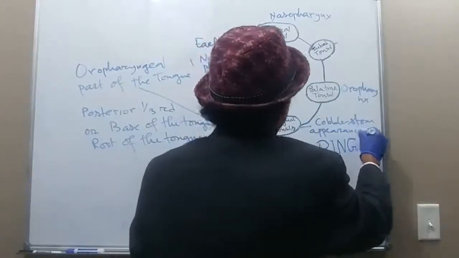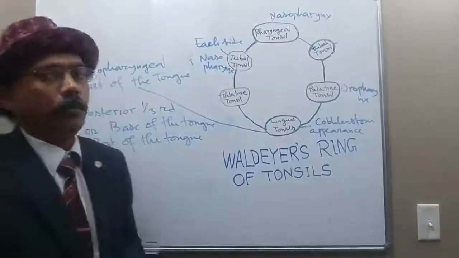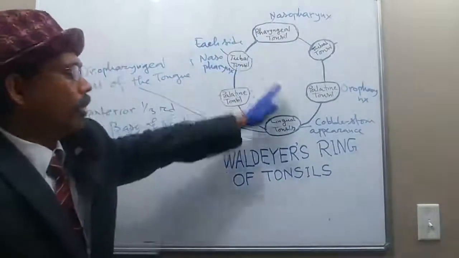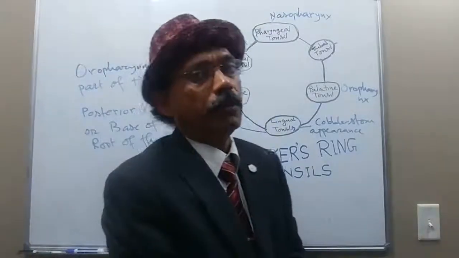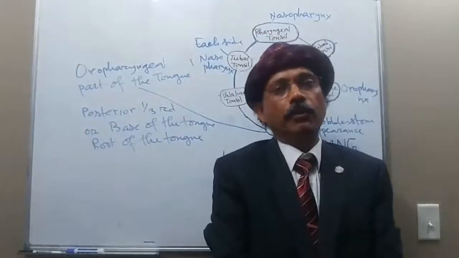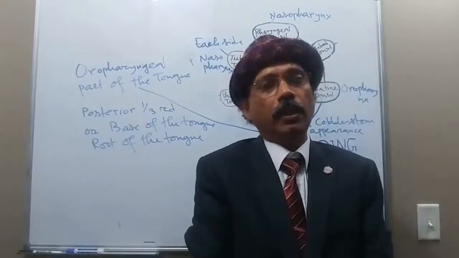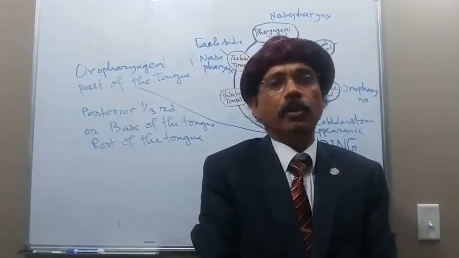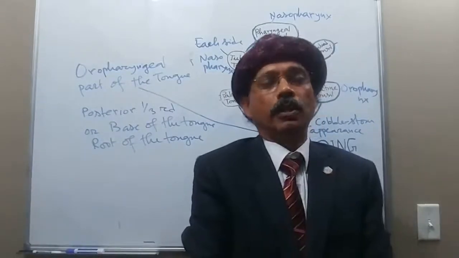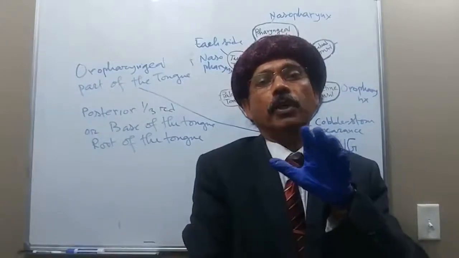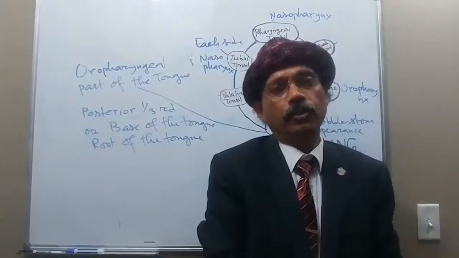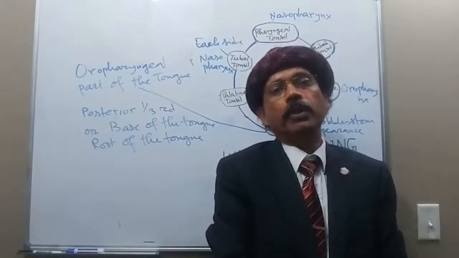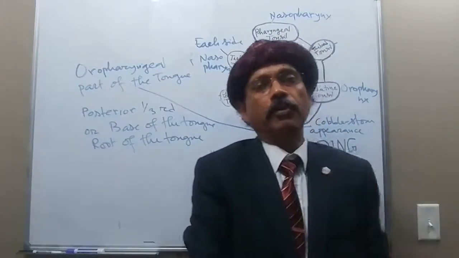Again, let us summarize why we have the Waldeyer's ring of tonsils. This is the first line of defense against microbial invasion and environmental invasion, because our oral cavity and respiratory passages are exposed to the exterior. So we need lymphoid tissue to prevent microbial invasion.